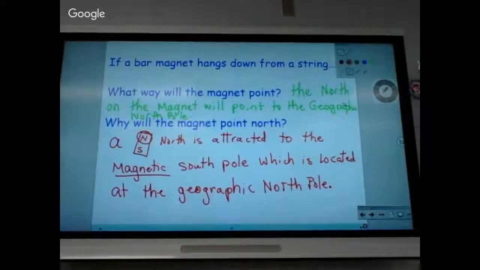And I don't have to give you a string with a bar magnet because we can actually do it with something else. Compass. Yes, compass. That's how it works. It's a magnet. Which is the next slide for today. You have compasses. Yes, I do.